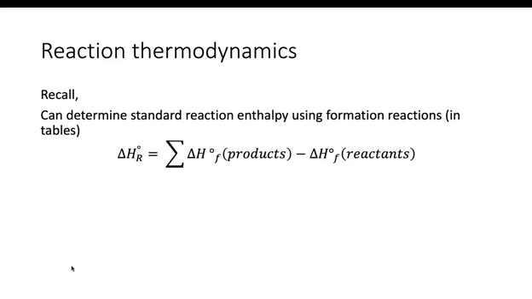You can Google them. They're in the appendix to your book and so forth. And so the enthalpy change of a reaction is the sum of the enthalpies of formation of the products, adjusted for stoichiometric coefficients, minus the sum of the enthalpies of formation of the reactants, once again adjusted for stoichiometric coefficients.